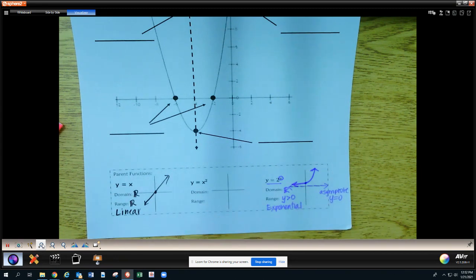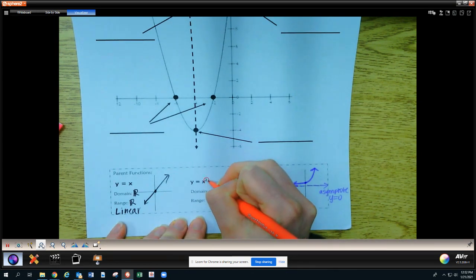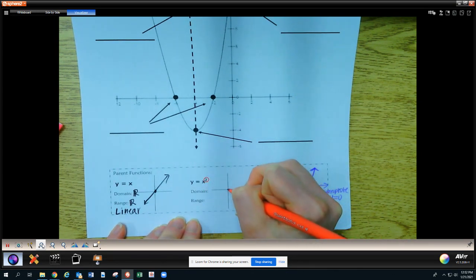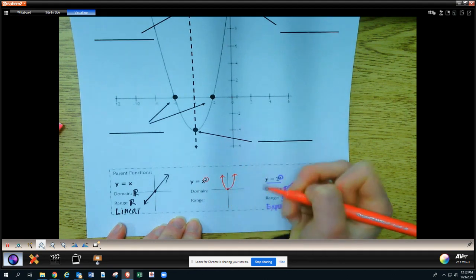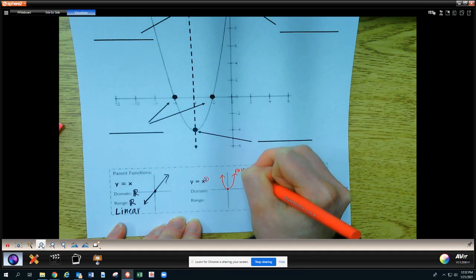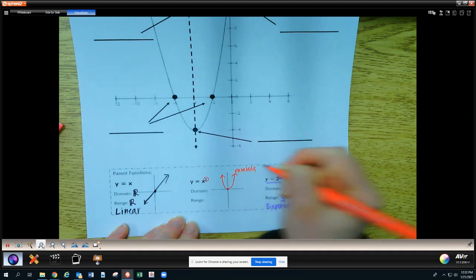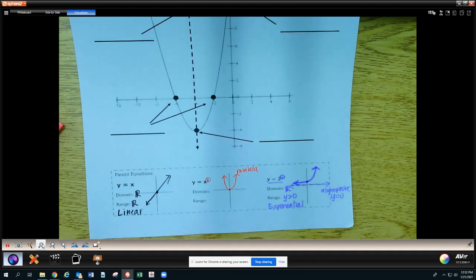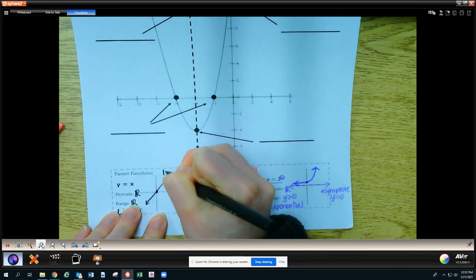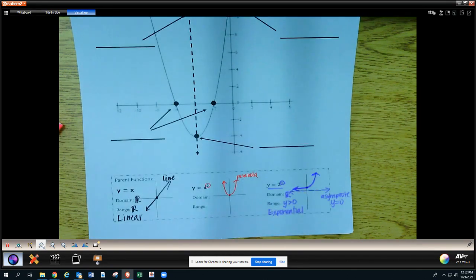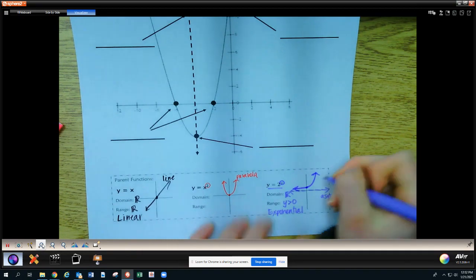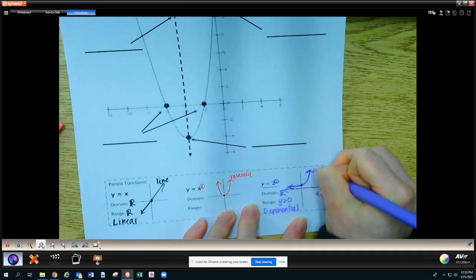Okay, the last function we're going to talk about this school year is the quadratic parent function. And so remember, the 2 makes a U called a parabola. Okay, so we have a parabola, we have a line, and then for the exponential graph, we just kind of call that a curve.